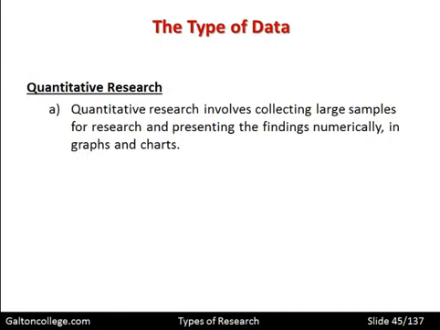Start with quantitative. Well, quantitative research involves collecting large samples of research and presenting the findings numerically in graphs and charts, for example. It could use all sorts of sophisticated techniques, multiple regression techniques or curvilinear regression techniques, or all sorts of sophisticated statistical techniques.